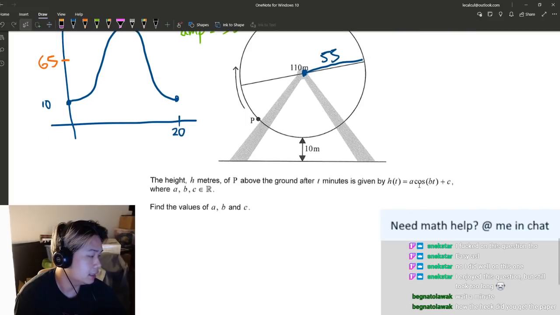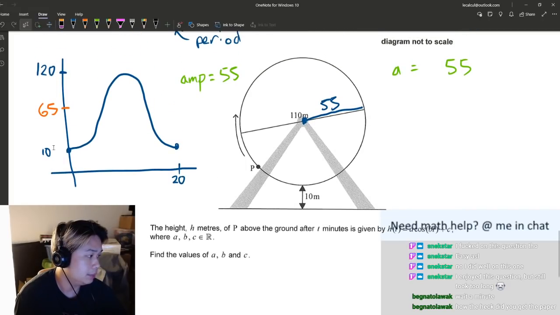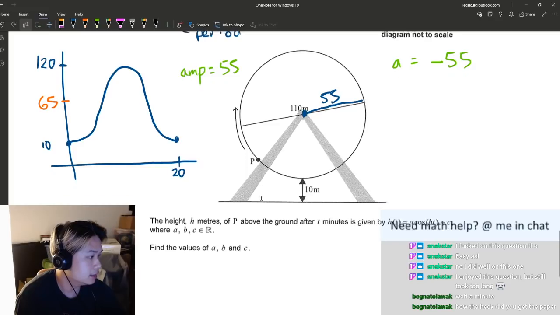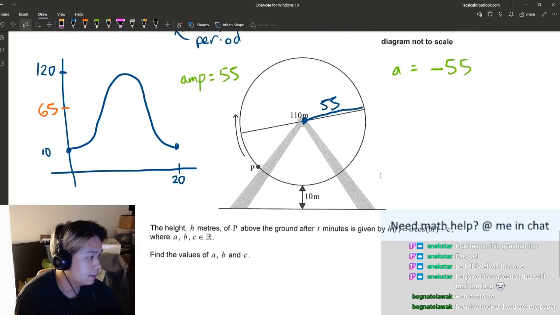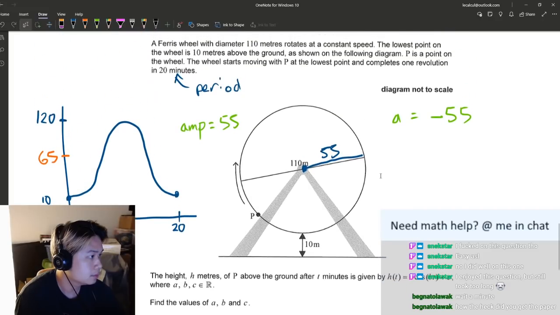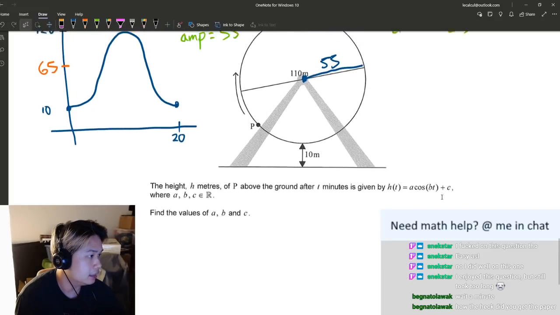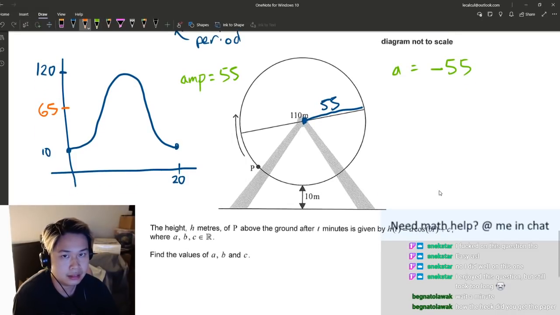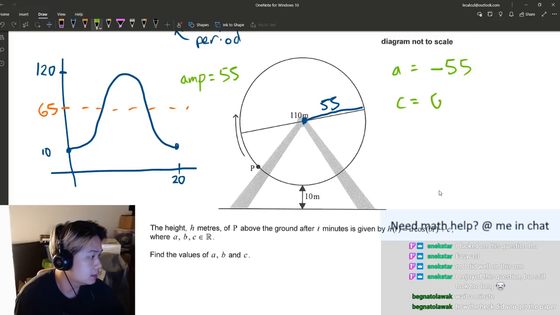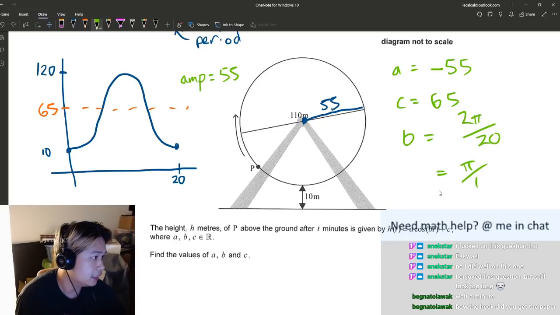But because we want a cosine graph, and your Ferris wheel starts on the bottom, this is an upside down cosine graph, so we have a vertical reflection, so A is negative 55. Now, C is easy. C is just the midline, so it has been vertically displaced by 65 units upward. So this is 65. And then B is 2 pi divided by your period, which is 20. In other words, it's pi over 10.